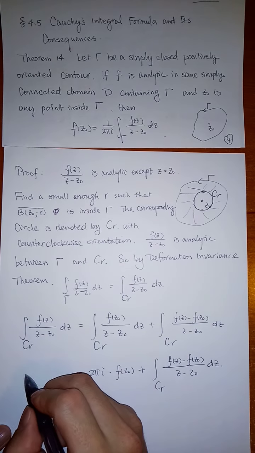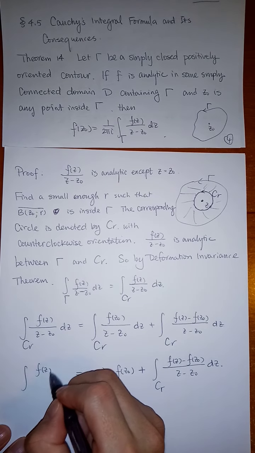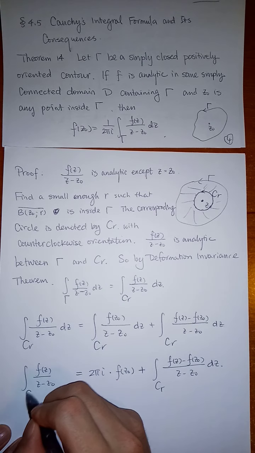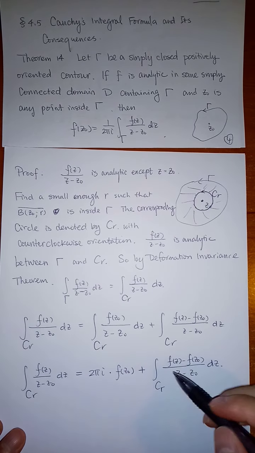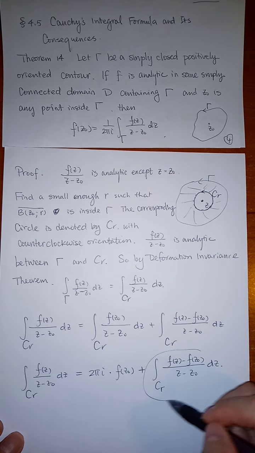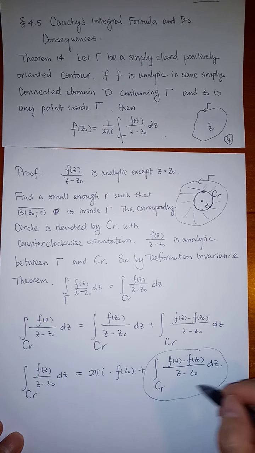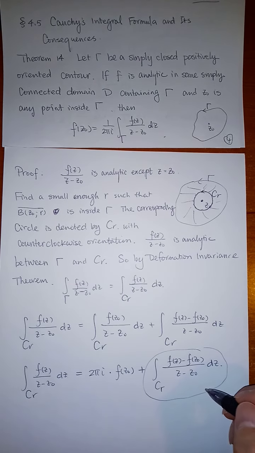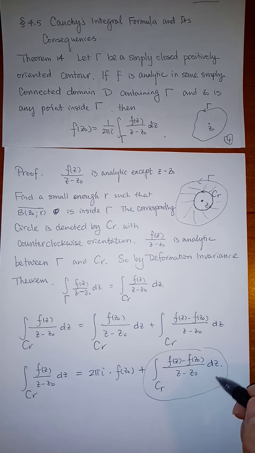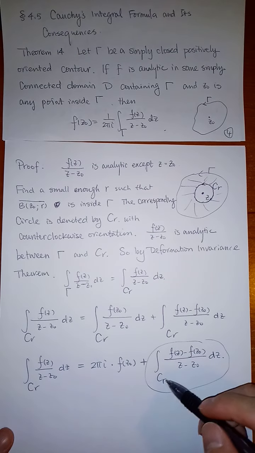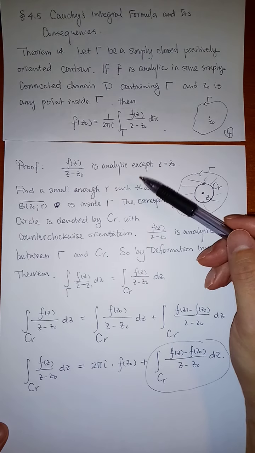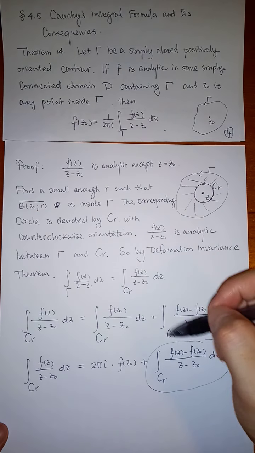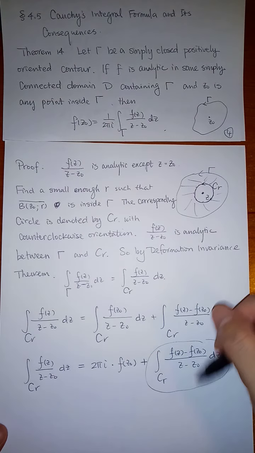Okay, let me copy it here. So in order to prove the theorem, we need to show that this part will disappear, will be 0. Okay, and the process is the following. We know that this holds for small enough r, so once r is small enough, any smaller r will also satisfy the whole process.